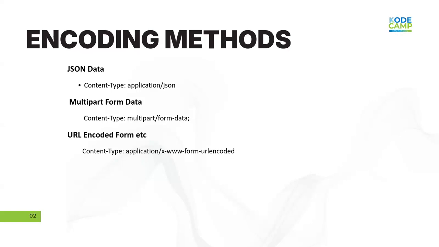So you can use this Content-Type header parameter to specify how you want your data, as it's transferred, to be encoded. We have two important ones. We have the JSON encoding method and the multipart form data method. These are the two most important ones, if I say so myself.